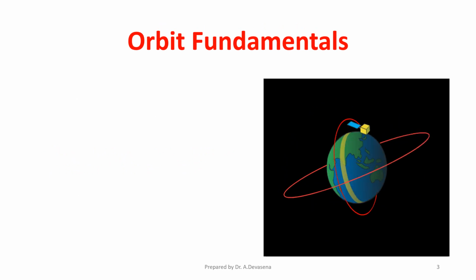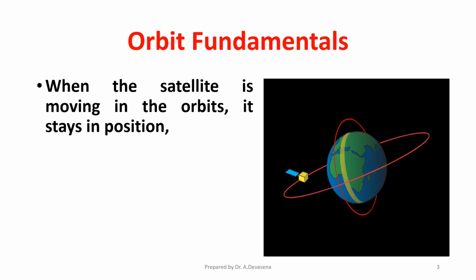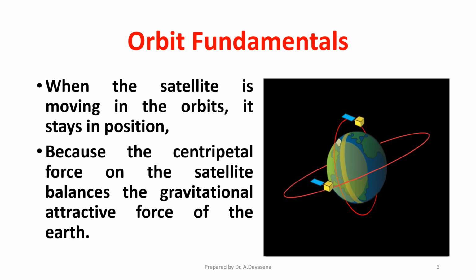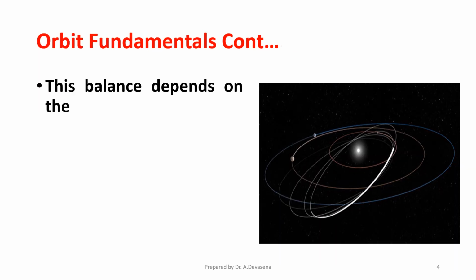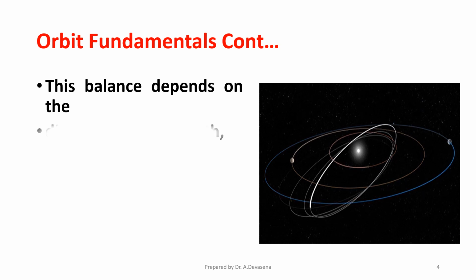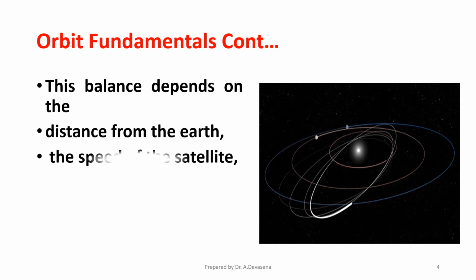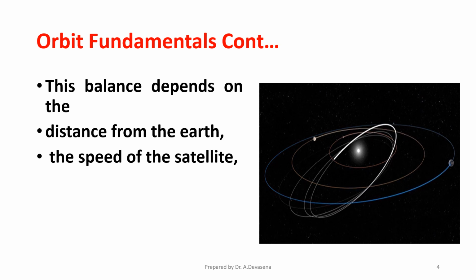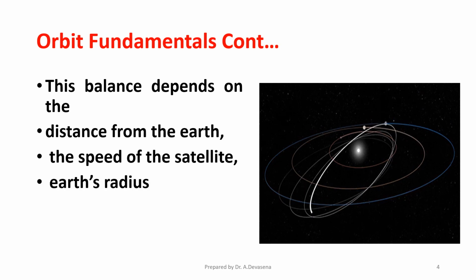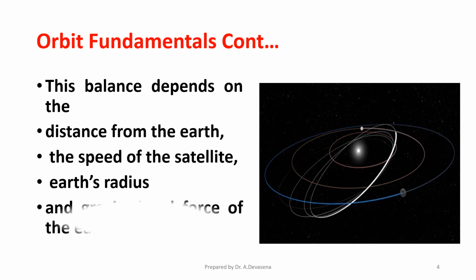Orbit fundamentals. When the satellite is moving in the orbits, it stays in position because the centripetal force on the satellite balances the gravitational attractive force of the Earth. This balance depends on the distance from the Earth, the speed of the satellite, Earth radius, and gravitational force on the Earth.